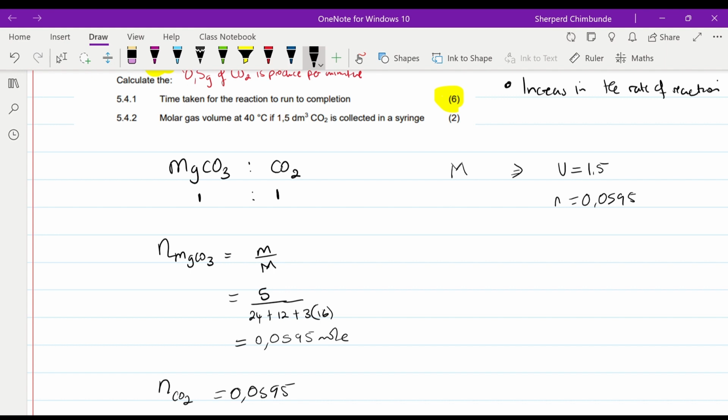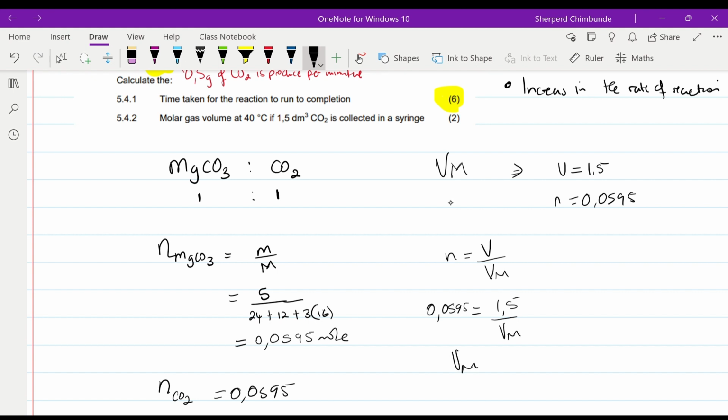we know that the number of moles is equal to volume over molar volume. So we come here, we put our 0.0595 equals the volume, which is 1.5 over the molar volume. Exchange these two.